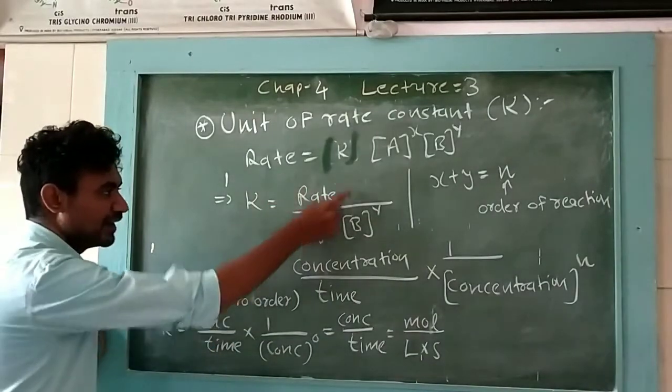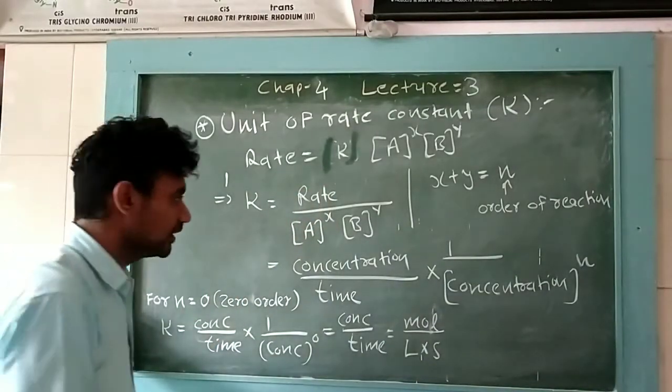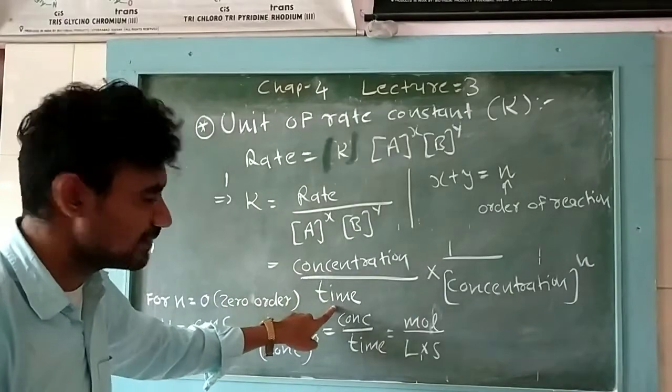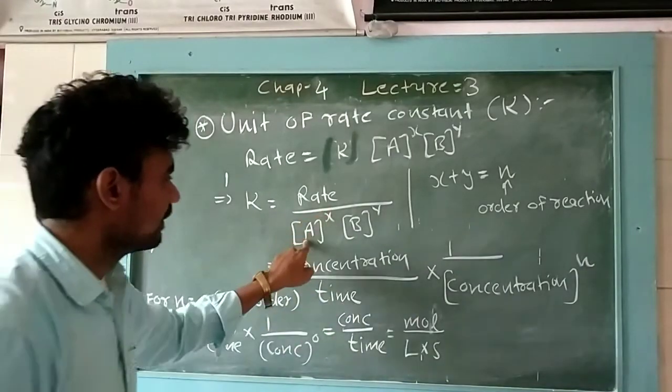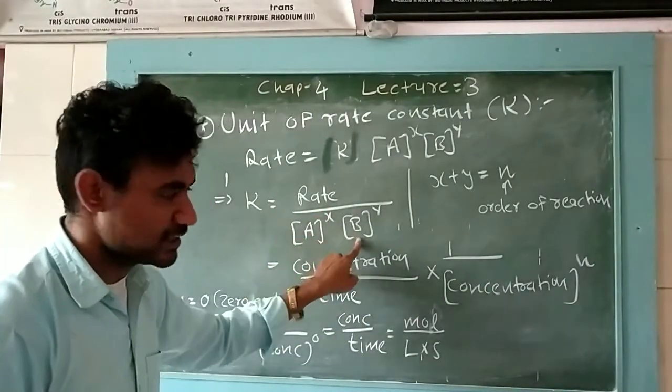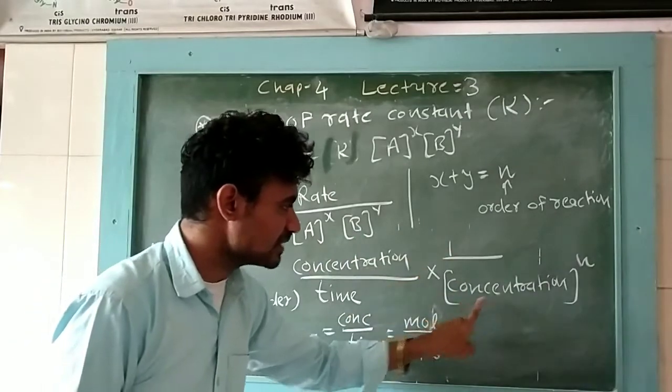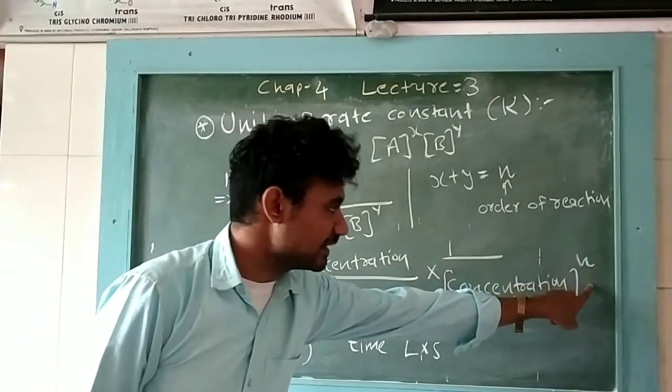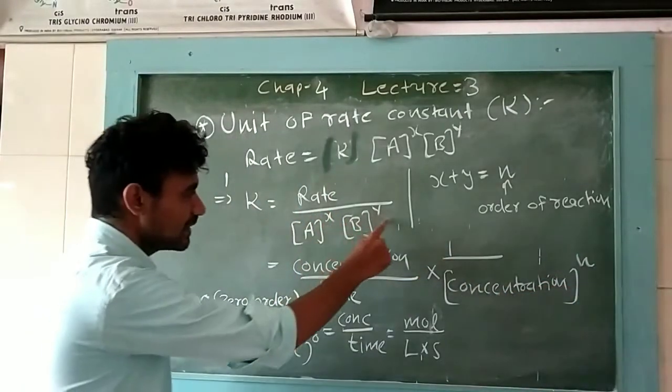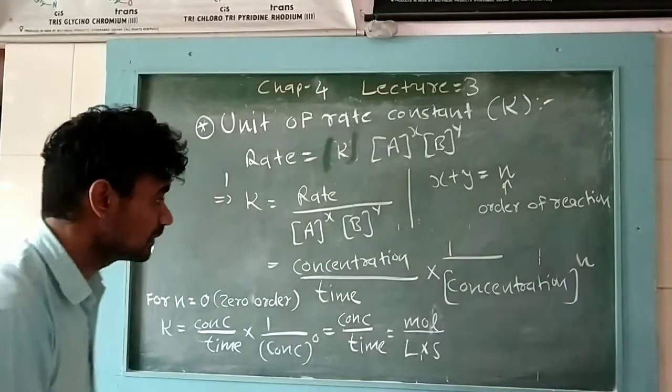Now the unit of rate, which we learned yesterday, is concentration divided by time. These both are concentrations, so 1 divided by concentration raised to n. What is n? n is equal to X plus Y here.